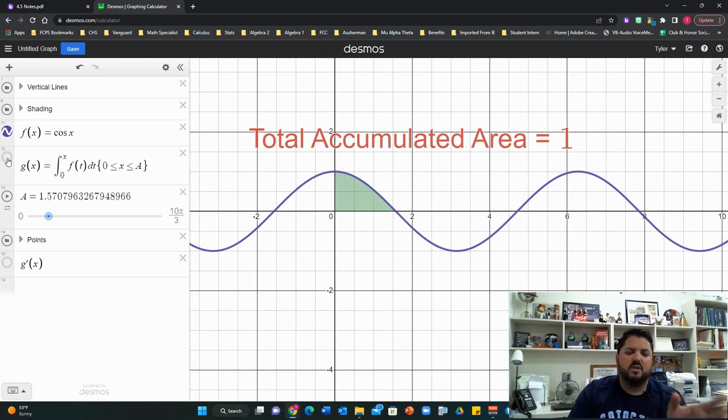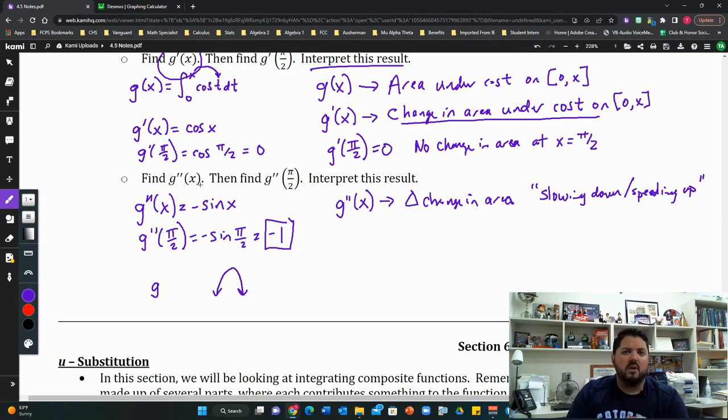Remember, I still have the graph of g turned off for the time being. But when we look at the graph of g, we should see at pi over 2 a relative maximum. We know that because of the zero slope and because of the negative concavity that we just found.